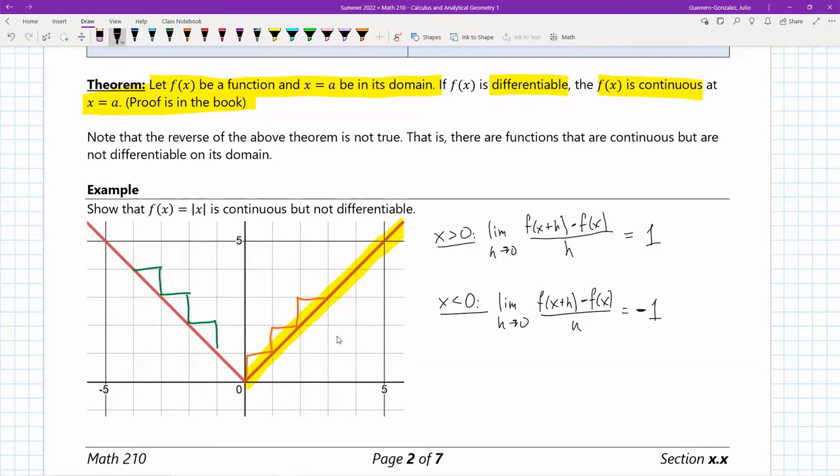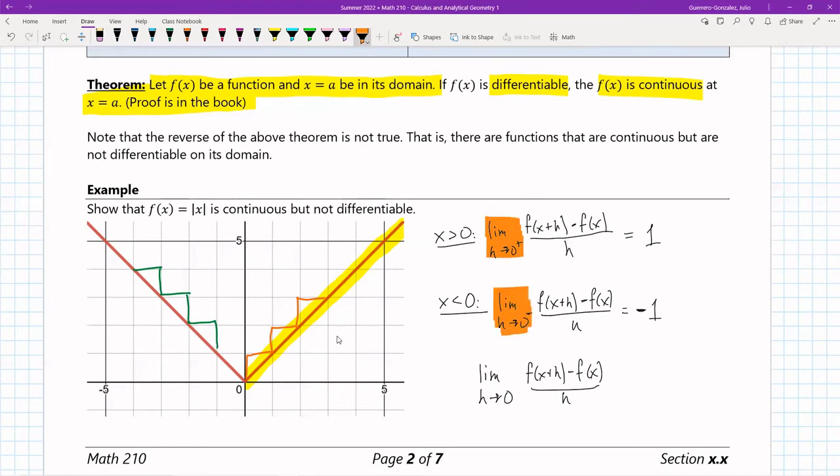Okay, so then this one's going to be the positive side, and this one's going to be the negative side, right? This limit, the limit as h approaches 0 of f of x plus h minus f of x all over h, is going to be equal to both of these, the one from the positive end and the one from the negative end.